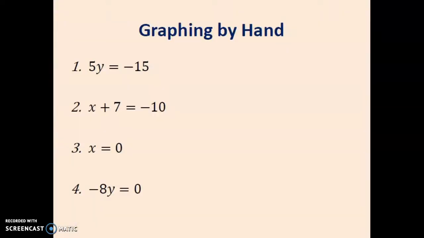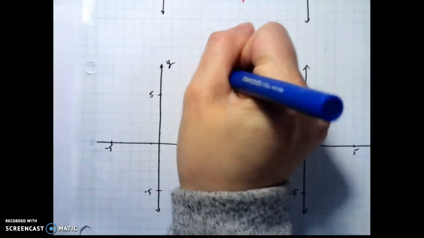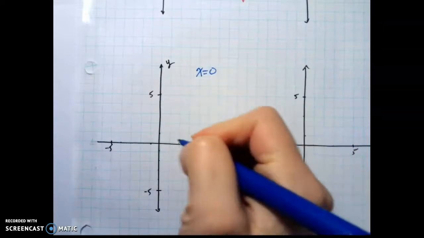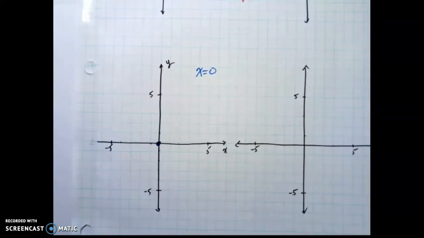Here we have x equals 0. This one's a little bit different because x equals 0 is a vertical line, but it has an intercept at 0. My x-intercept at 0 would be right here. This is both an x-intercept and a y-intercept because it is at the origin.